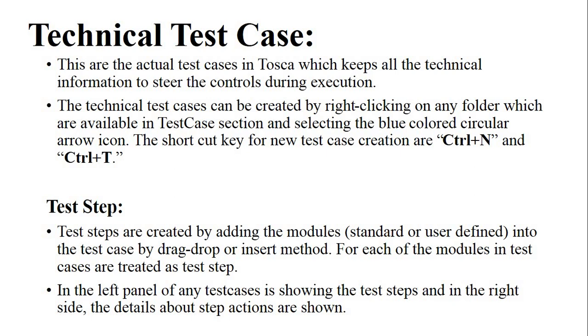You can create them by dragging and dropping your modules into the test case to create the test steps. These modules can be standard or predefined ones. I'll show you how you can create these test cases, and how you can add the test template.